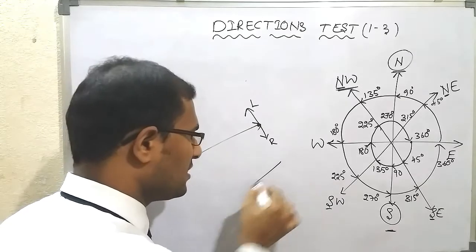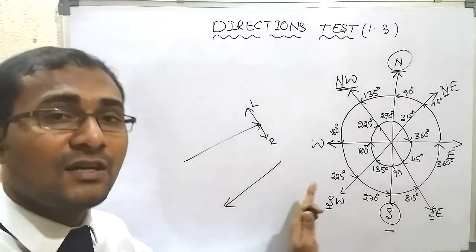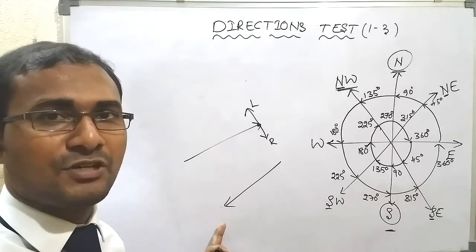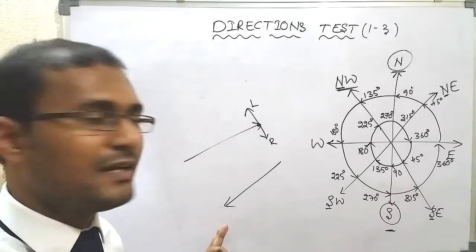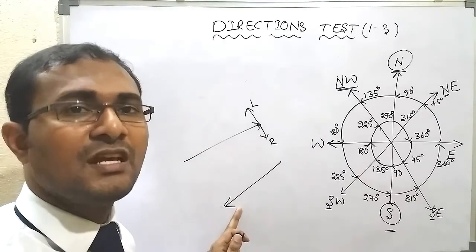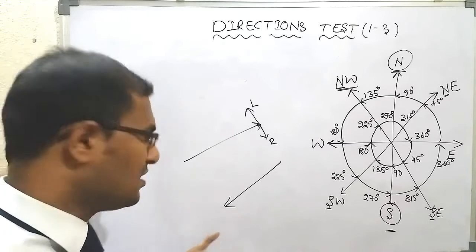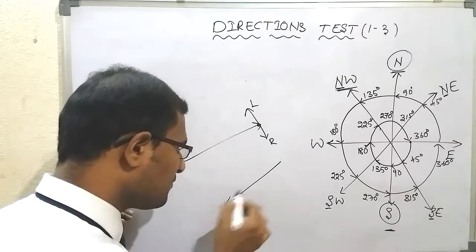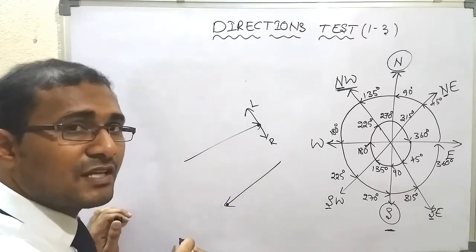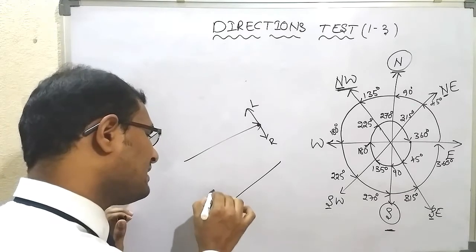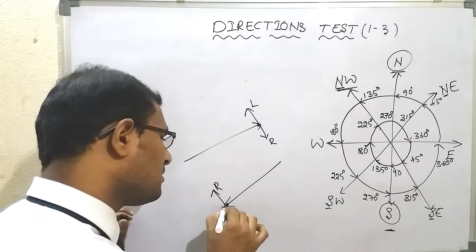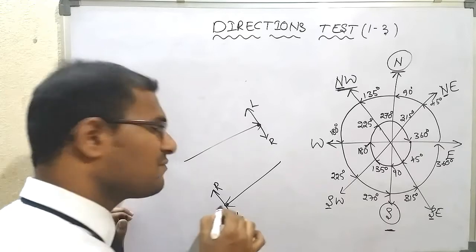Similarly, for example, if a person is moving in the southwest direction, now I want to decide what is his right hand side direction and what is his left hand side direction. Now if I am standing here facing towards southwest direction, my right hand side is this one, my left hand side is this one.